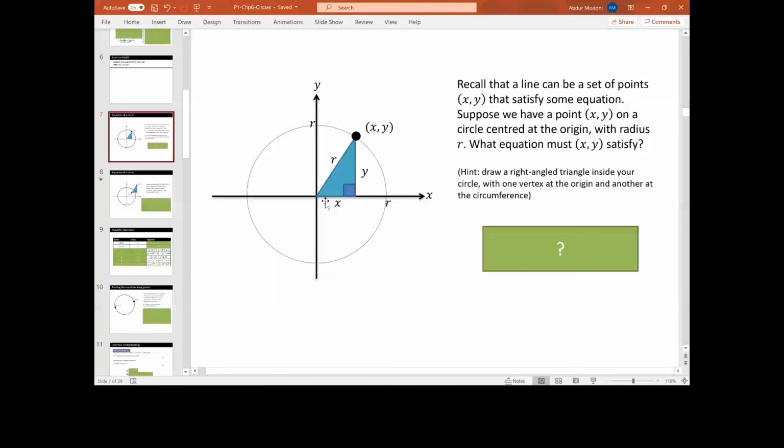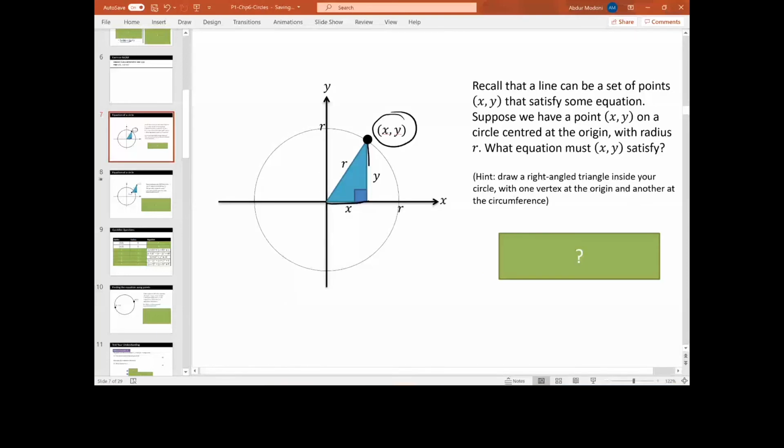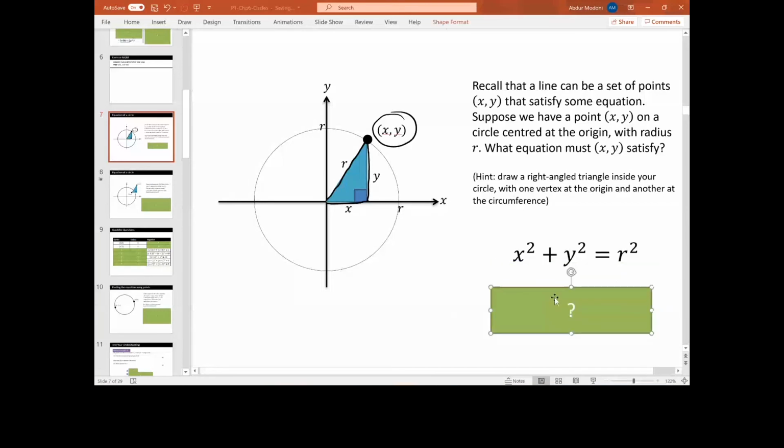And what we've got here is a triangle: the x distance here and the y distance here, and then this here is the radius of the circle, but it's also the hypotenuse of this triangle. So if we apply Pythagoras to this right angle triangle, what do we get? We get x squared plus y squared equals r squared.